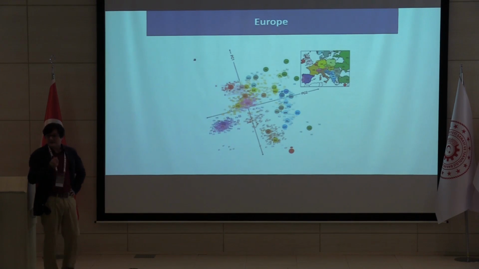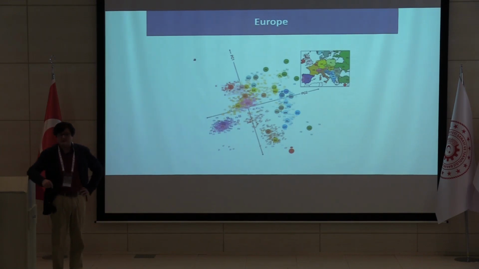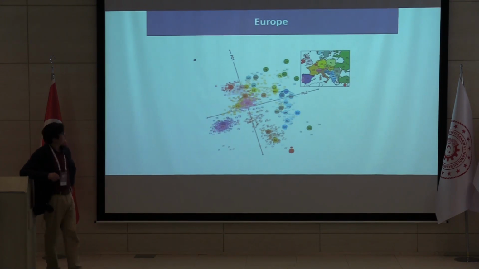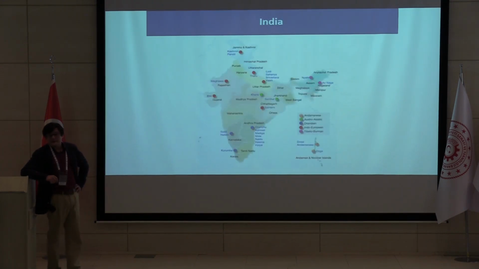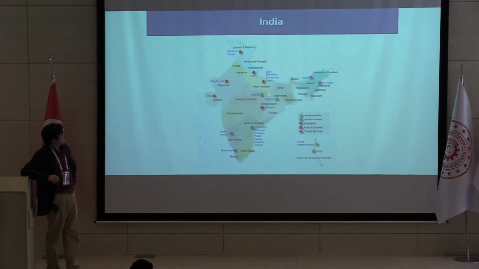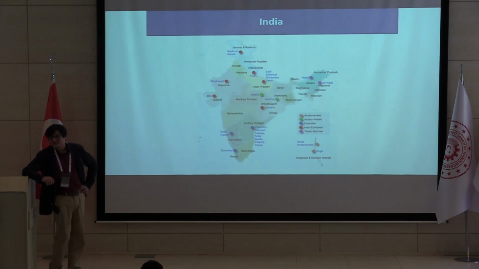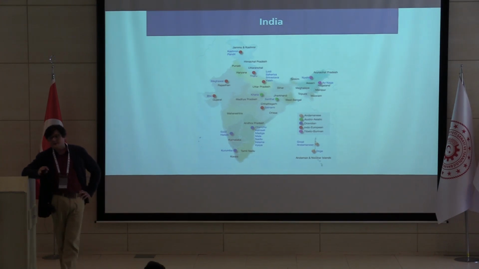Is it true for every single country or every single continent? What do you think? So the counterexample is India. And in India, there are multiple populations, and due to religious reasons, due to cultural effects, the genetic structure of the population is not fully explained by geography, right?